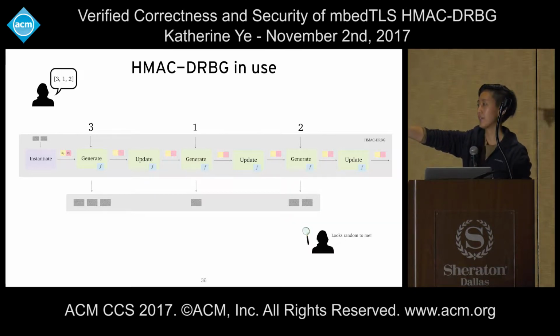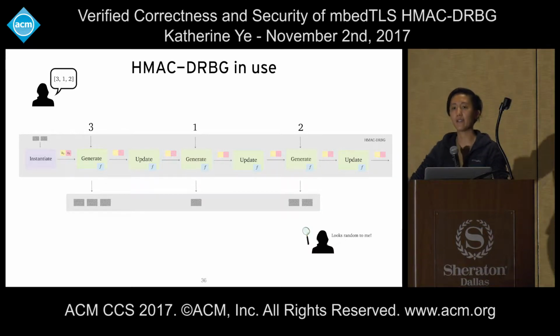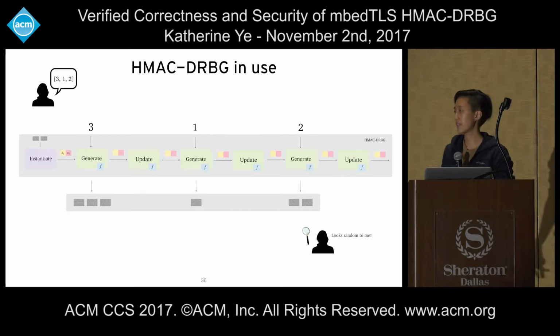The output K and V are given to generate using F as the internal PRF, and 3 is an input, says it wants 3 blocks, it outputs 3 blocks, and that continues. So it updates the internal state after generating. Then for the next call, 1 block, generate, update, and so on. And that output down there, those icons indicate random noise or whatever outputs. Those are given to the adversary or you.